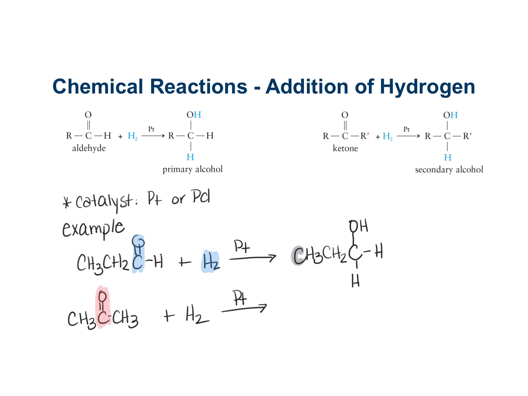And what's going to happen is when you add hydrogen, we have the CH3, that doesn't change, but the carbon that the carbonyl is attached to does change. The double bond goes away, and we're going to add 2 hydrogens. We're going to add 1 hydrogen to this carbon and 1 hydrogen to that oxygen. And so here, now we formed a secondary alcohol. So these are common addition reactions that we see.